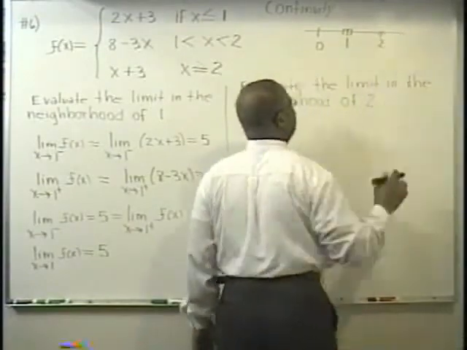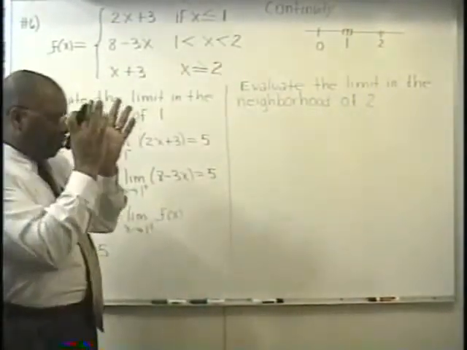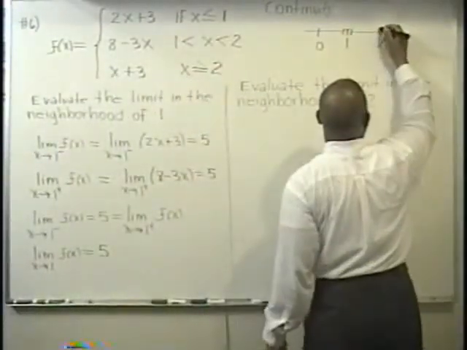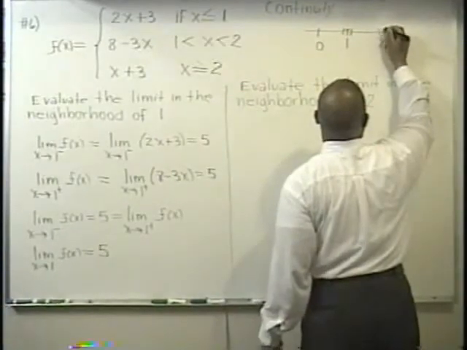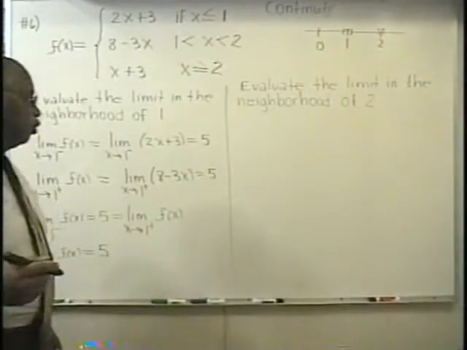So we're looking at points that are really close to that. We're going to surround 2 and just give it a small area on both sides. So again, we're looking at approaching 2 from the left and approaching 2 from the right. So let's go ahead and do that.